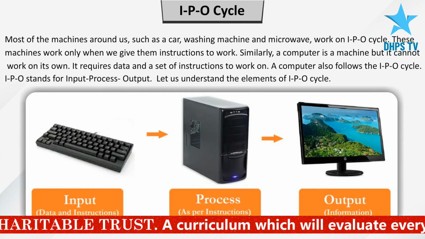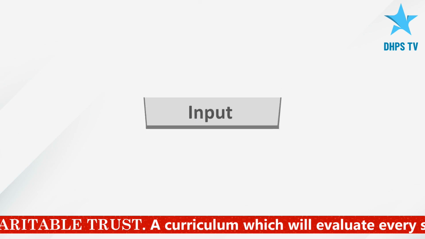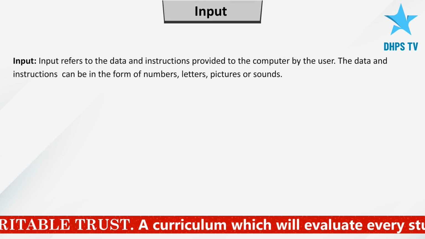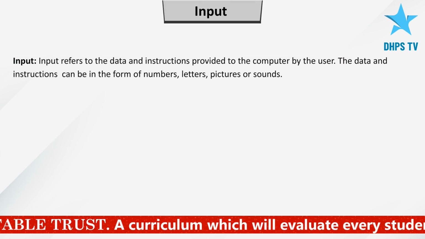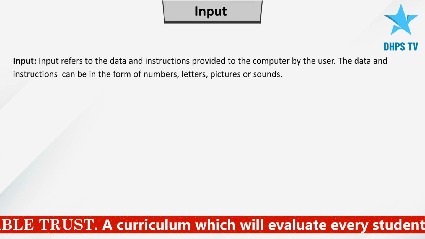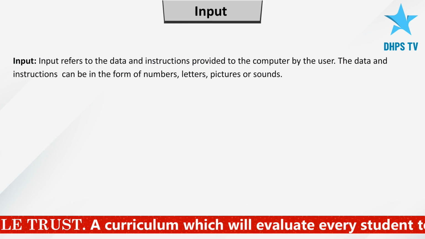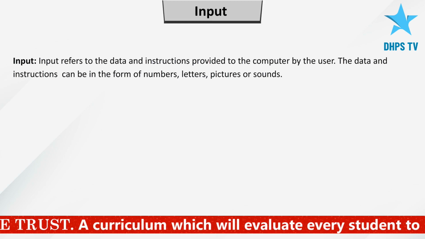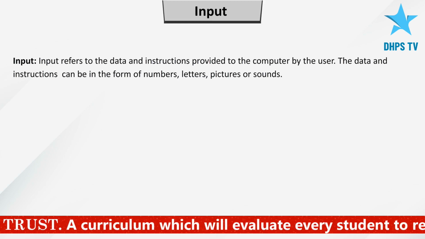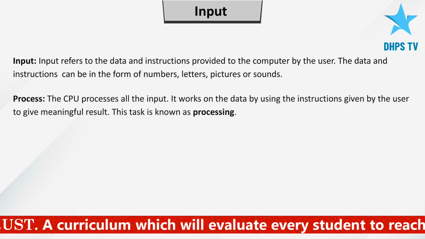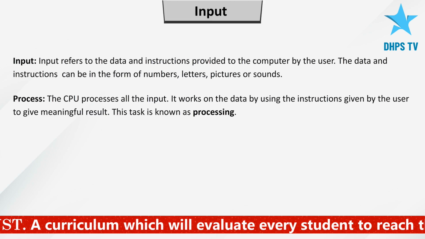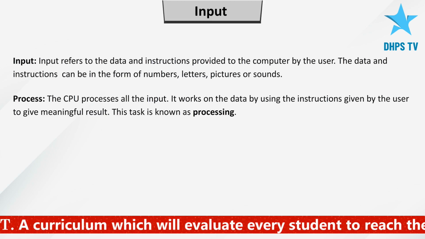Input, process, output. Input. Input refers to the data and instructions provided to the computer by the user. The data and instructions can be in the form of numbers, letters, pictures, or sounds. Process. The CPU processes all the input.